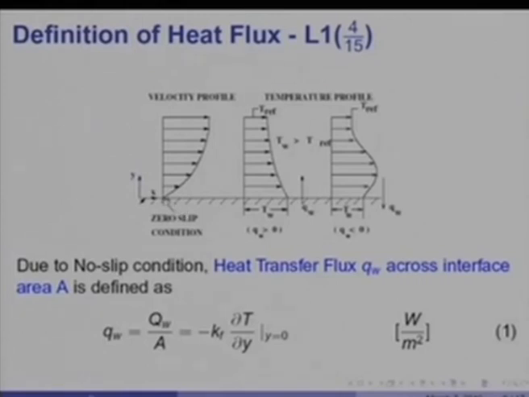Because the fluid is brought to rest at the wall, the heat transfer is actually by conduction, and therefore we represent it by Fourier's law of heat conduction, minus Kf dT dy at y equal to 0, where Kf is the conductivity of the fluid. So, in this case dT dy is negative and therefore the heat flux is positive. In this case, however, dT dy is positive and therefore the heat transfer is negative or into the surface.